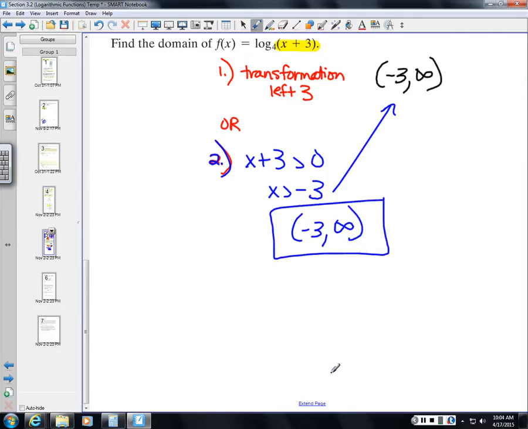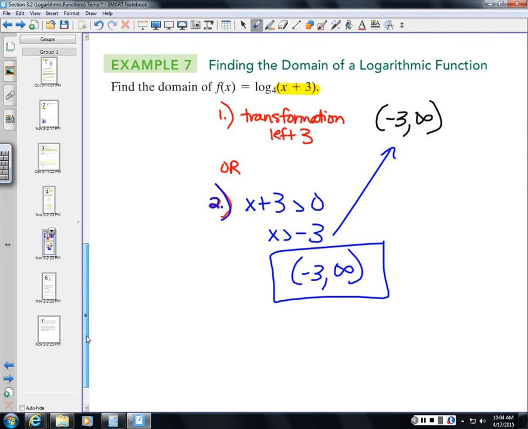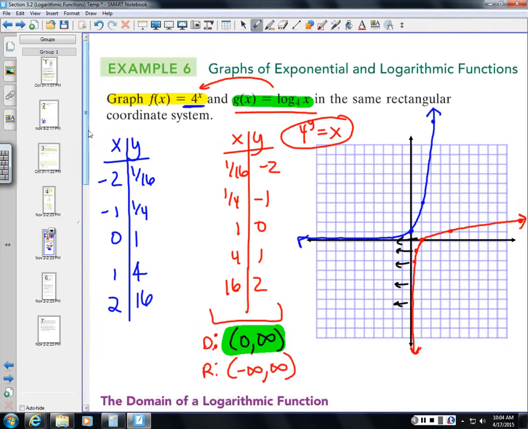Greater than is to the right, going to the positive side. So just take that into consideration. There are other ways of looking at domain and graphing these functions. Transformations can really come in handy if you have a visual and you know those formulas.